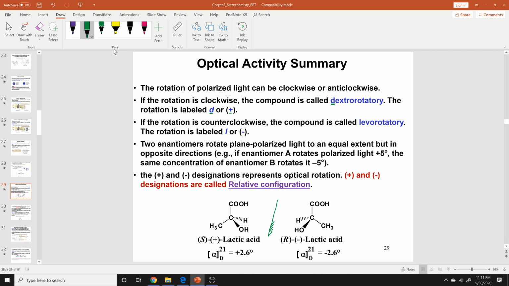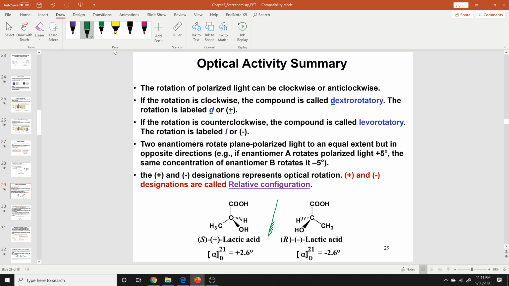The negative sign is when the plane of polarized light is rotated counterclockwise, or anti-clockwise, and that is called levorotatory.